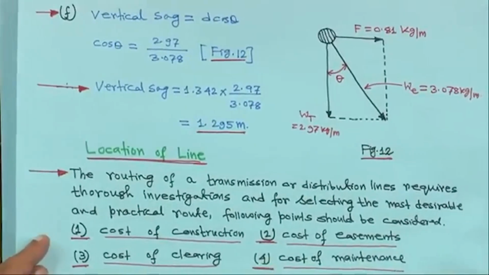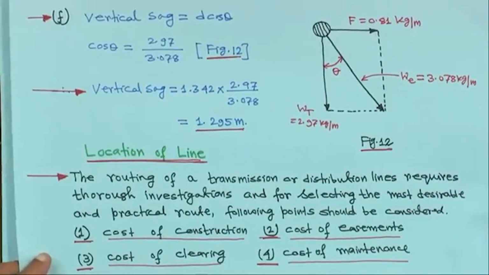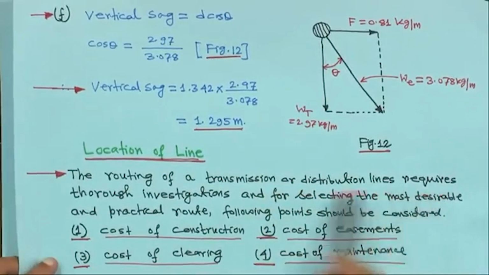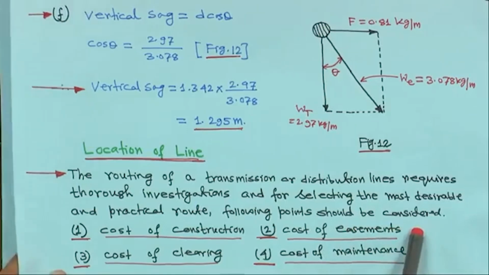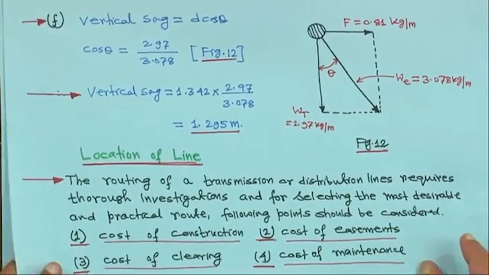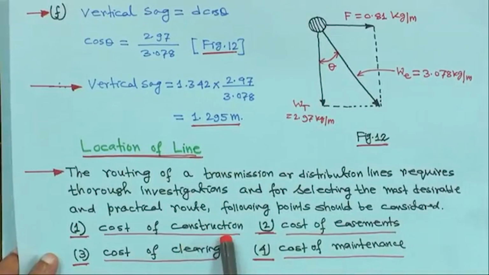Next one is location of line. So again we will come to the numerical, first a little bit of theory. Location of line. The routing of a transmission or distribution line requires thorough investigation, and for selecting the most desirable and practical route, the following points should be considered. When you are designing a transmission line, certain things you have to consider. One is cost of construction, two cost of easements, three cost of clearing and cost of maintenance.